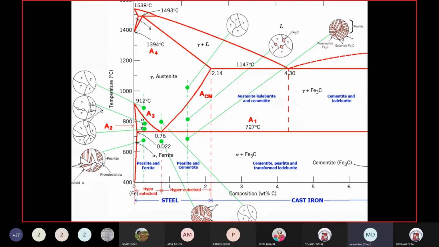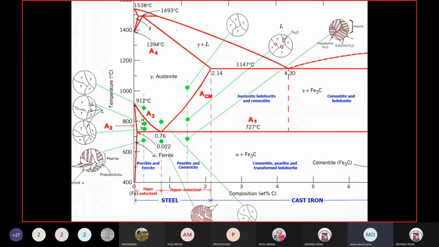In this iron carbon diagram, I will brief you about the basic classification of steel. Consider it from 0 to 2%, and besides that 2.14.